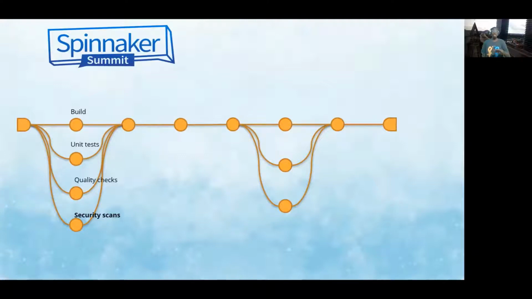For this bank, the first iteration of the pipeline will have a build, of course, where you build your code, unit tests for running the unit tests, and a quality check stage for scanning the code. Is it up to standard, code quality, code smell? Depending on what programming language you have, there are several tools you can run.